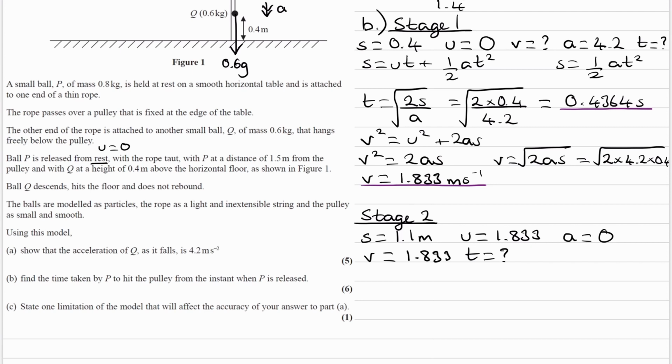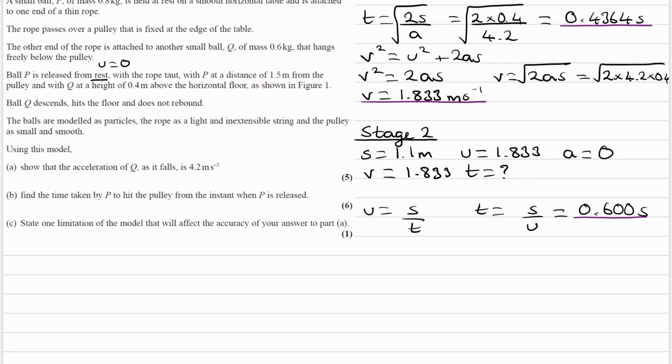So the time is then the distance over the speed. Divide the two things. We end up with 0.600 seconds. So this is the time for stage 2. This is the time for stage 1.